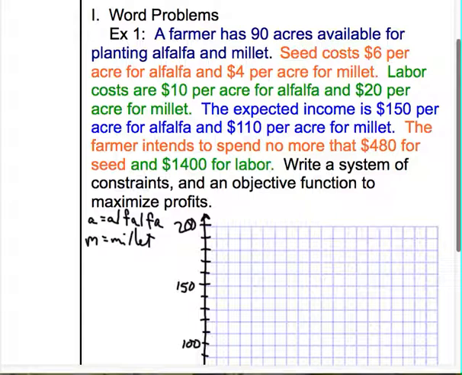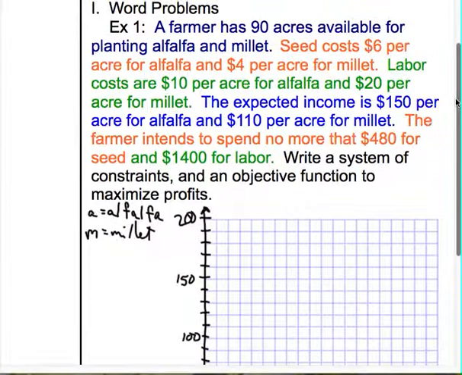So now I'm going to start setting up my inequalities. A farmer has 90 acres available for planting. So the amount of alfalfa that is planted plus the amount of millet that is planted has to be less than or equal to 90 acres. Second sentence, seed costs $6 per acre for alfalfa and $4 per acre for millet. Notice this is color coordinated.